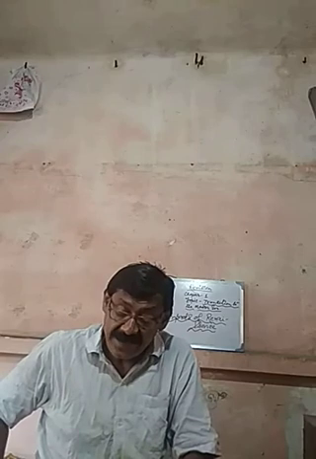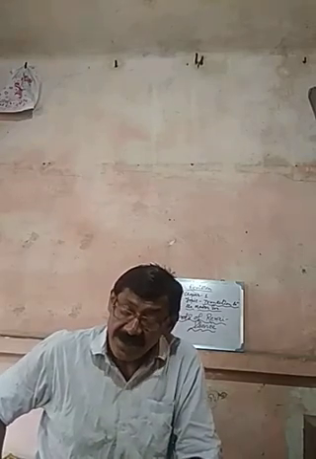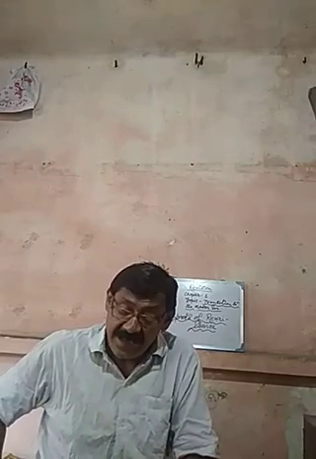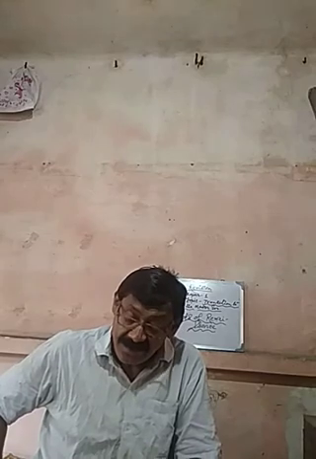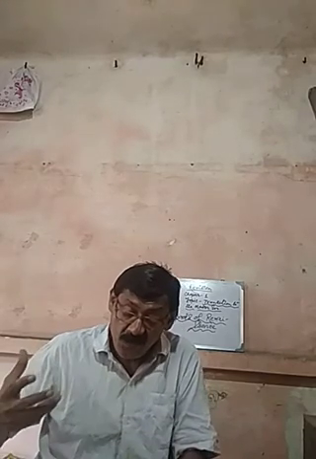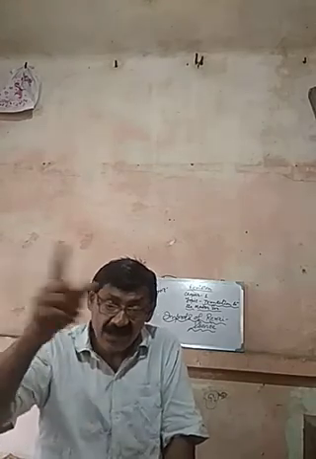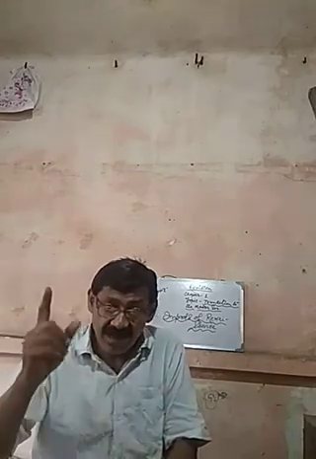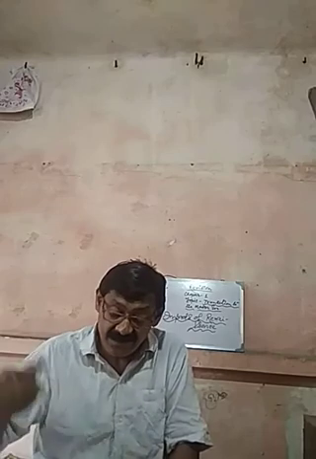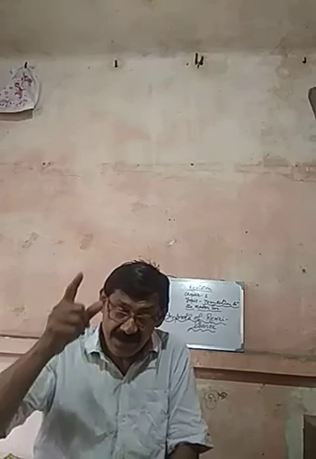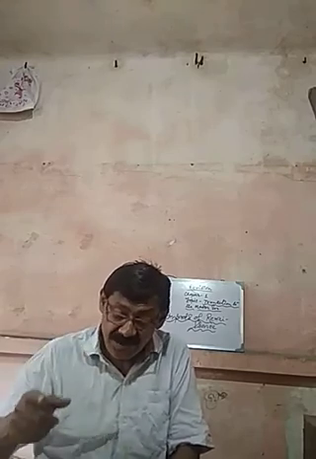discoveries of astronomers like Nicholas Copernicus, Galileo, and Sir Isaac Newton. They directly opposed the views held by the church that the earth was the center of the universe, which was absolutely wrong. They strongly opposed it.